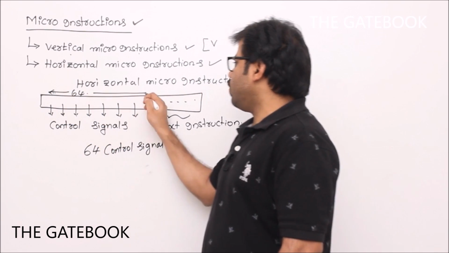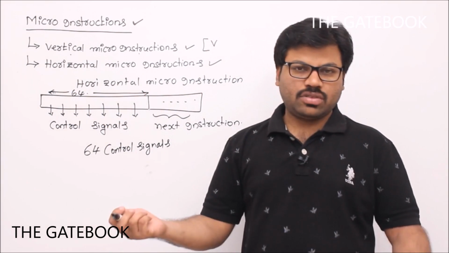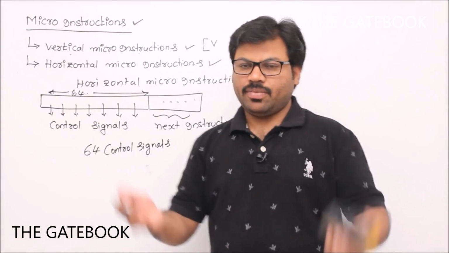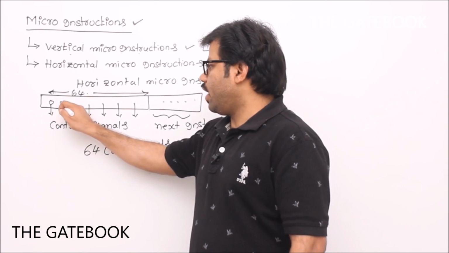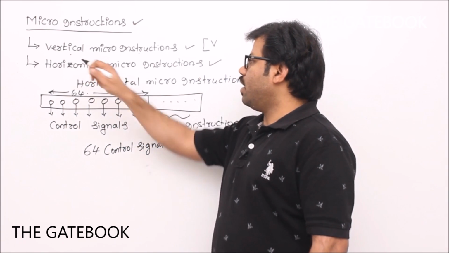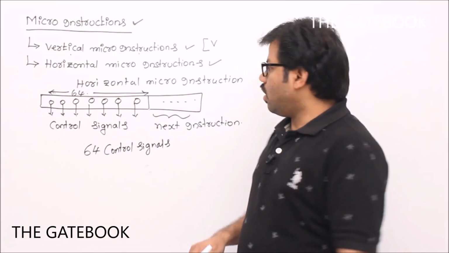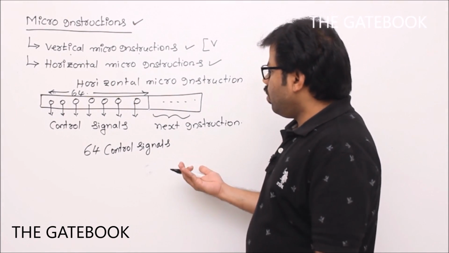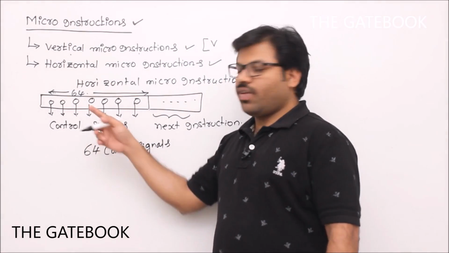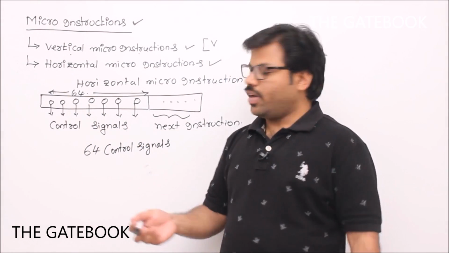Because sometimes you might require to generate 64 signals at a time. Then 64 bits are required, minimum 64 bits. That is what we have done in horizontal micro instructions. Now, what is the problem here? You have 64 control signals, so 64 different entities are required, right?